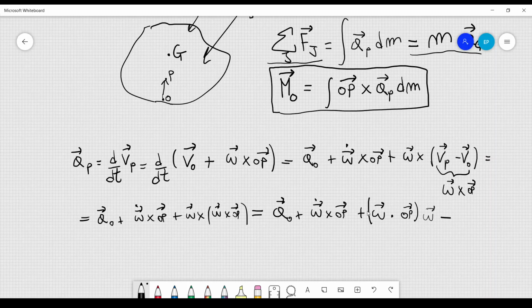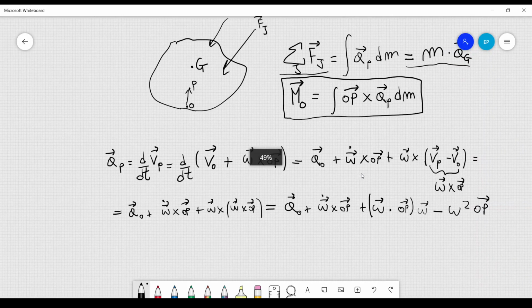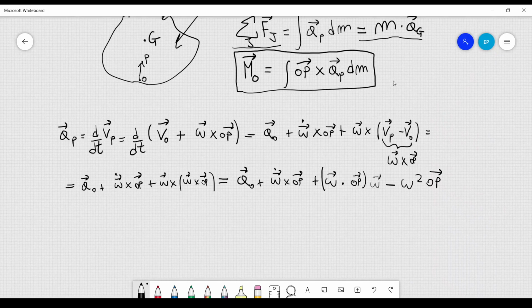And then we have minus the dot product between these two vectors. So we have minus omega squared times the third vector, OP. So we can rewrite the acceleration of the point P like this. And what I want to do is substitute this expression in here.